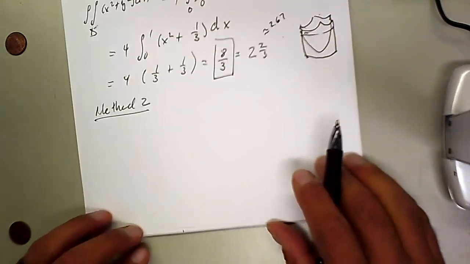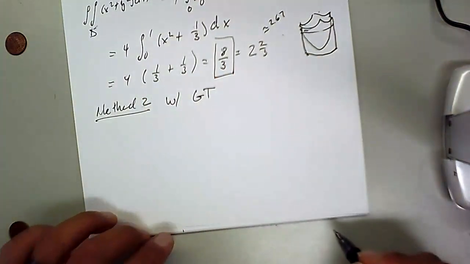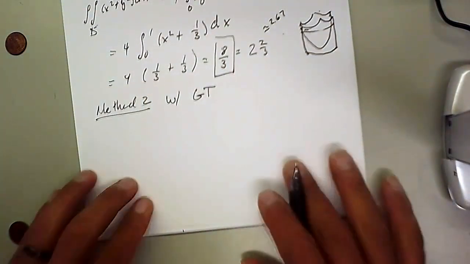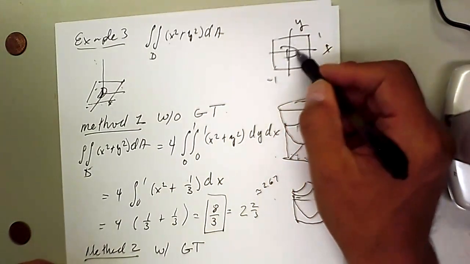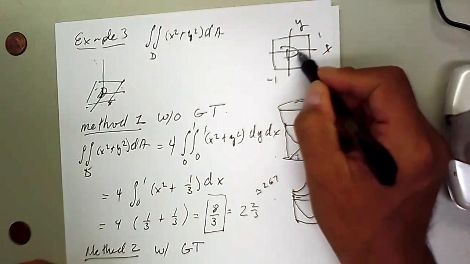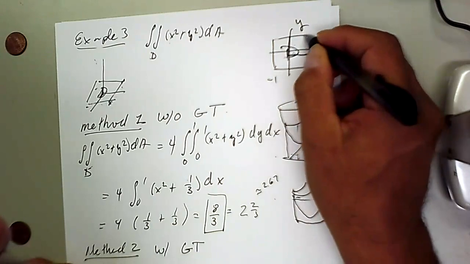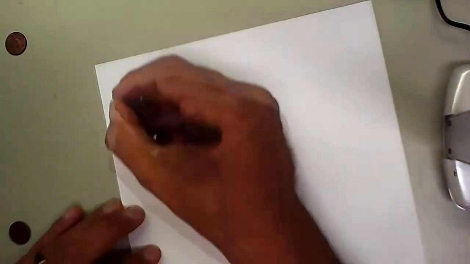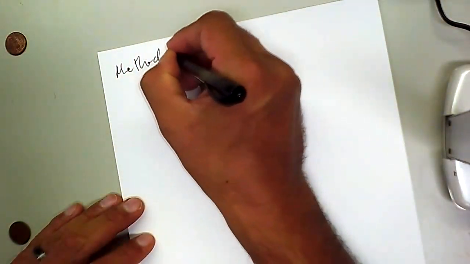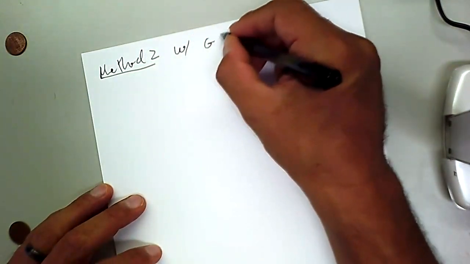Well, let's do it the other way, with Green's theorem. Instead of going over the, I'm going to use the same symmetry. I'm going to multiply by 4, and we're going to integrate over this square. I'm not going to have enough room here, so let's start all over with method 2, which involves using Green's theorem.